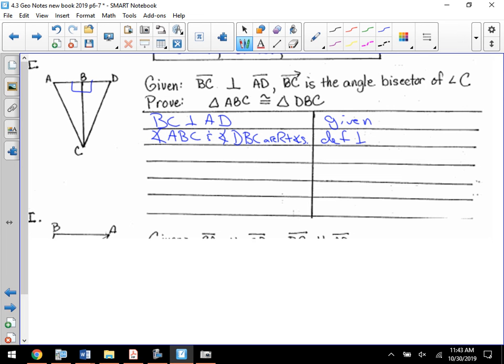And according to my progression sheet, it tells me to write definition of perpendicular. Now, after that, it tells you on the sheet to do what? It says right angle congruent to right angle. So I just said they were right angles, and now that I say that they're congruent, my reason was all right angles congruent.